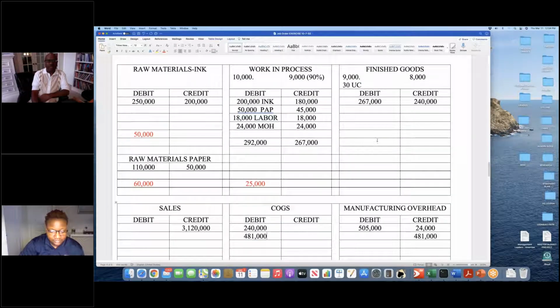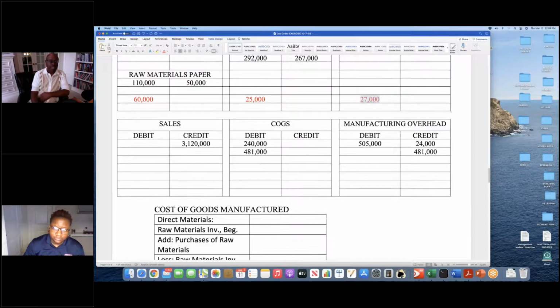So how much do we got left in finished goods now? $27,000. How much do we got in cost of goods sold now? 721,000.